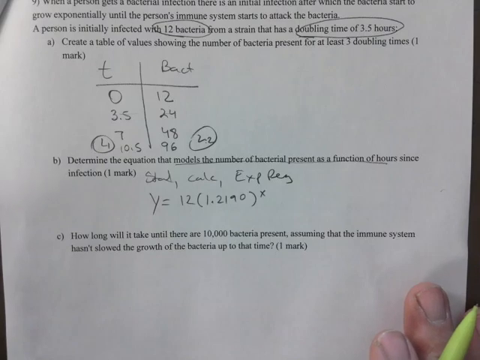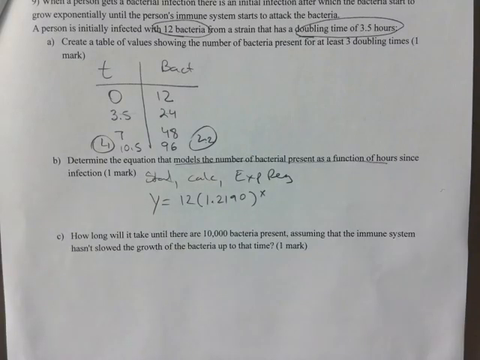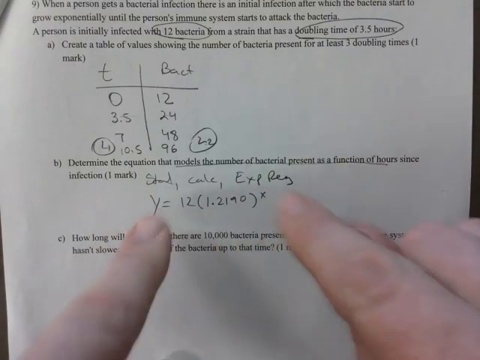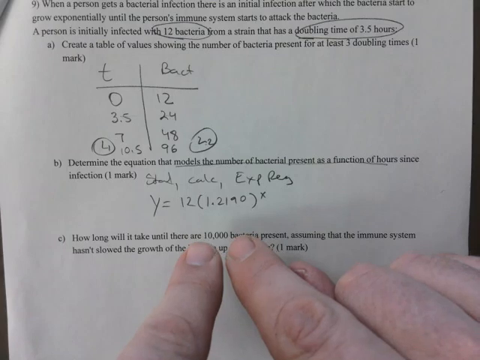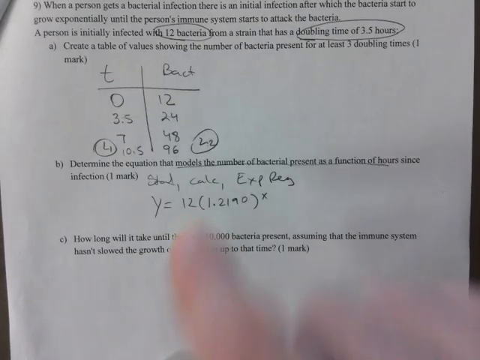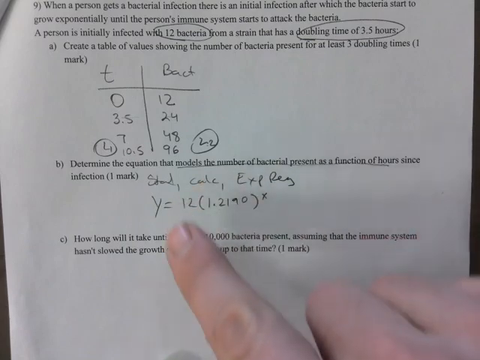Got it? I want to say something about this one. You need to be able to also put this together. Listen carefully to this part. If I said someone's body has 12 bacteria to start off with, and it's growing at a rate of 21.9% per hour, you should be able to put it together like this.